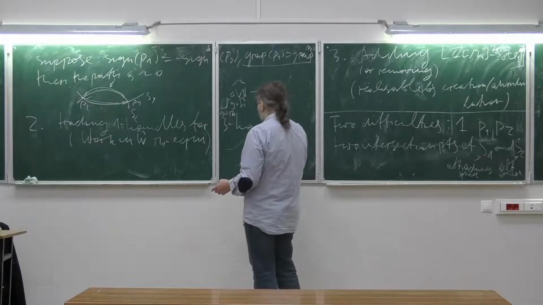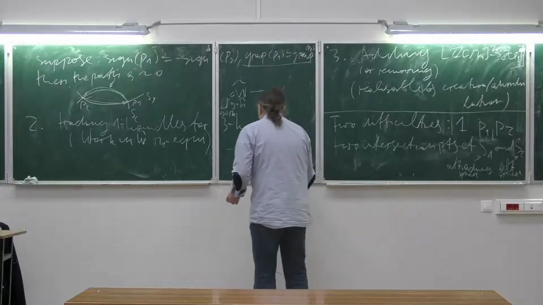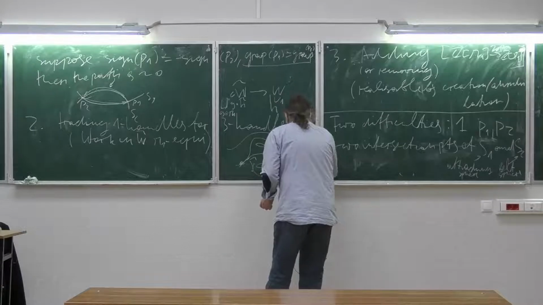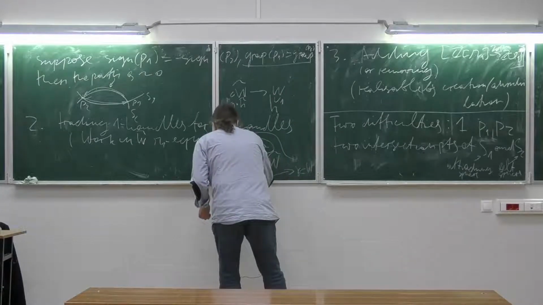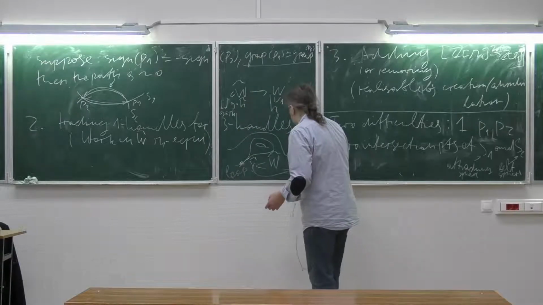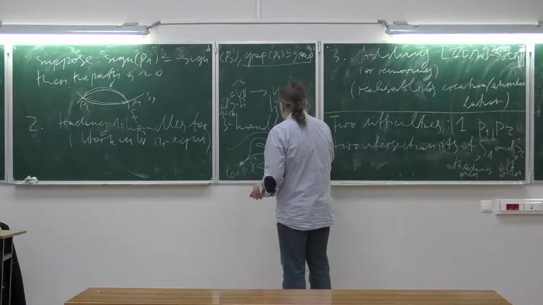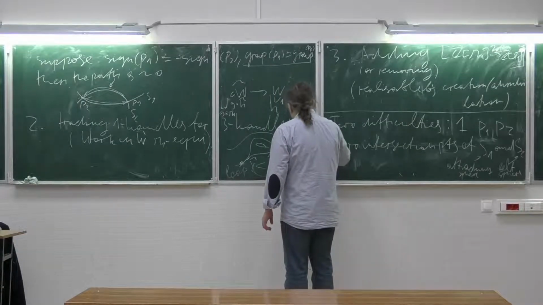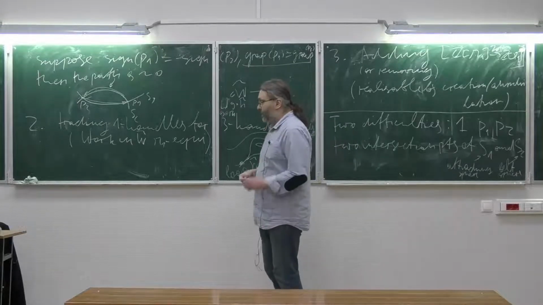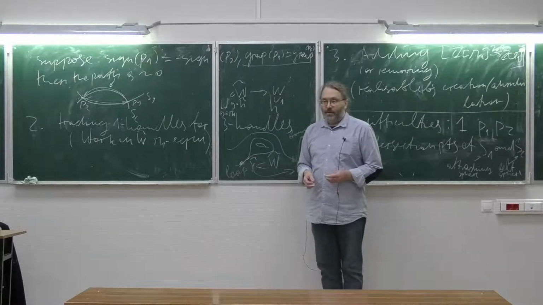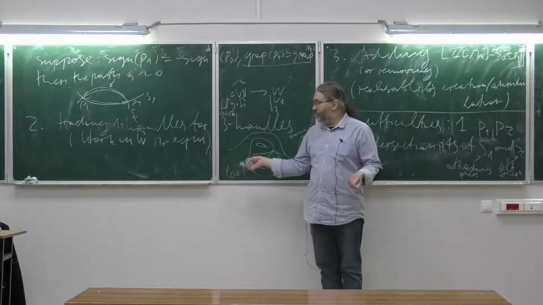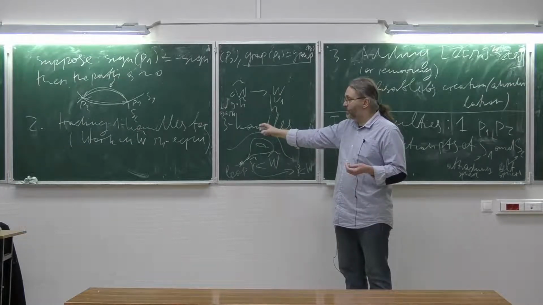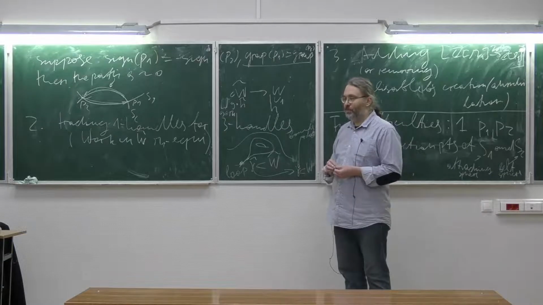So we have gamma tilde inside W tilde, and then this gamma tilde projects to a loop gamma inside W, which bounds a disk. So it looks like this difficulty is relatively easy to sort out.